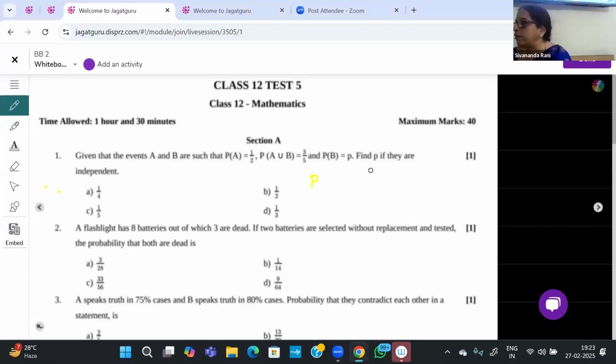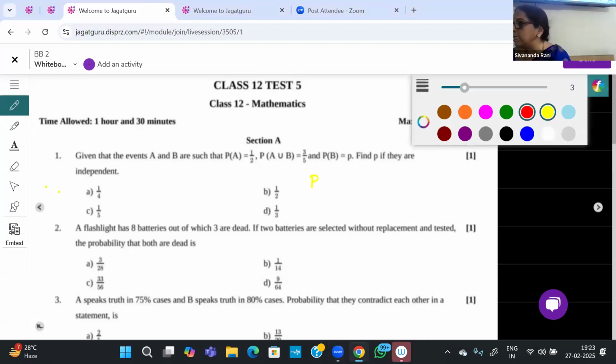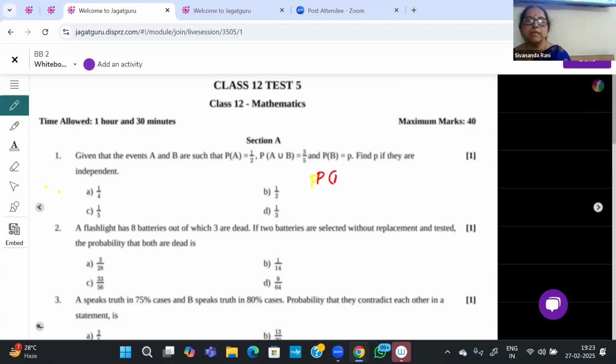I hope all of you are using that universal theorem: P of A union B equals P of A plus P of B minus P of A intersection B. But it has got corollaries, depending upon the condition given. Here it's given to be independent, so we have to make use of that.